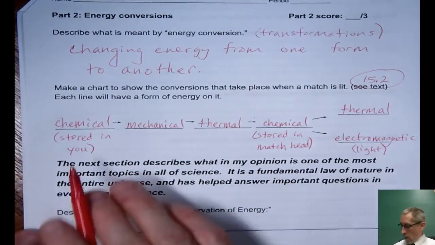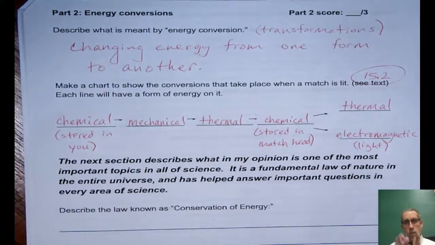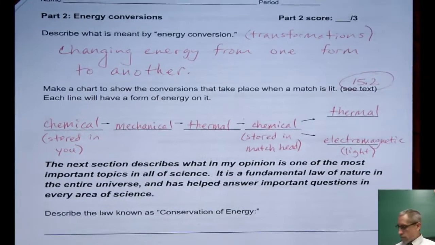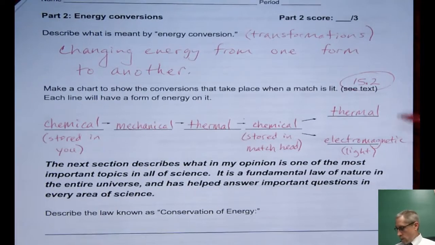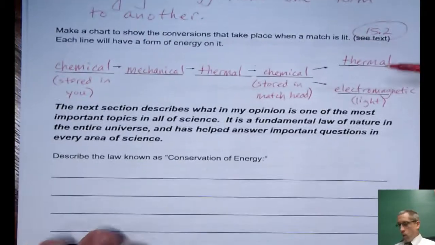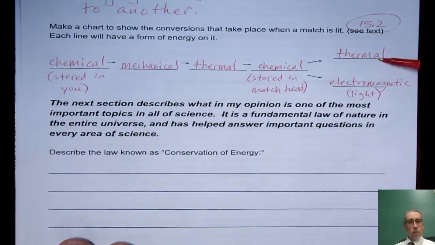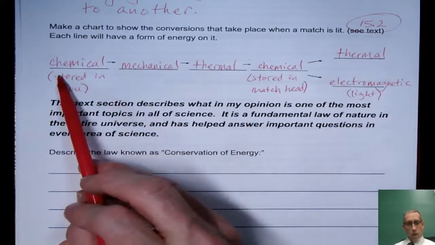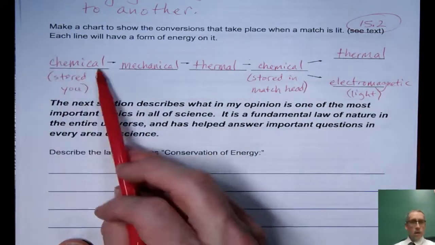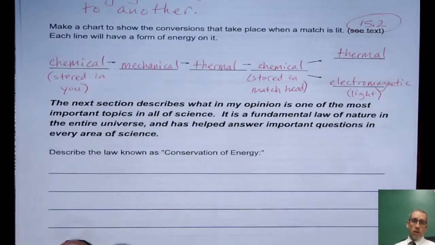We got all of these different forms that just one leads to the other and leads to the other. So just think about this. I'm going to connect it with the next statement here. We are not creating some new energy when we light a match. You might think, oh, we suddenly have some heat that we didn't have before. Well, it's true we didn't have the thermal energy, but all that energy came from somewhere. I mean, even this stored chemical energy in you came from the food that you ate, maybe earlier that day or the day before.